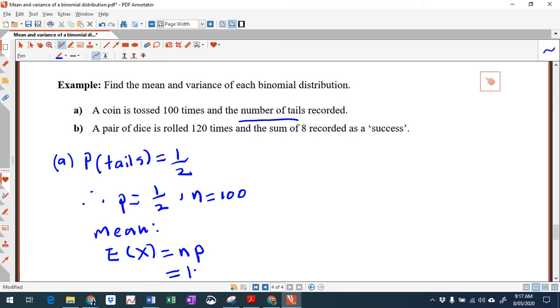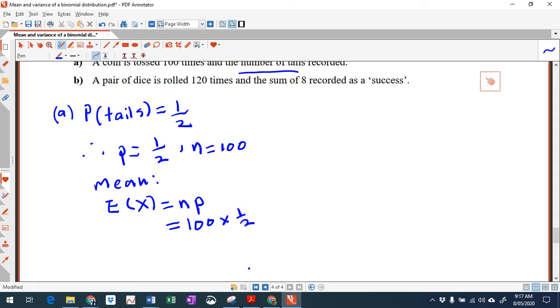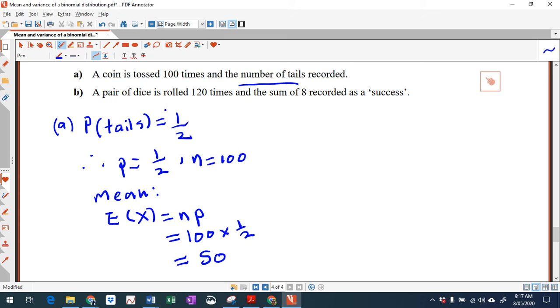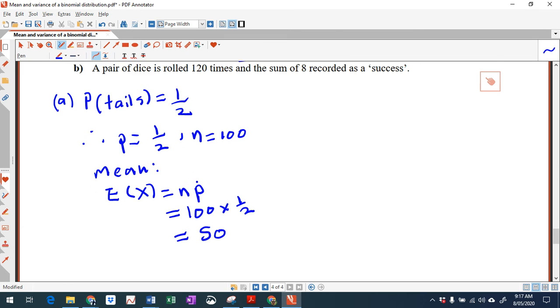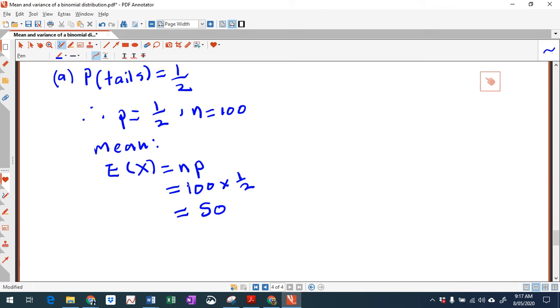Okay, so 100 times a half, which equals 50. Done. All right, so certainly out of 100 times tossing the coin, you'd expect tails to occur 50 times.